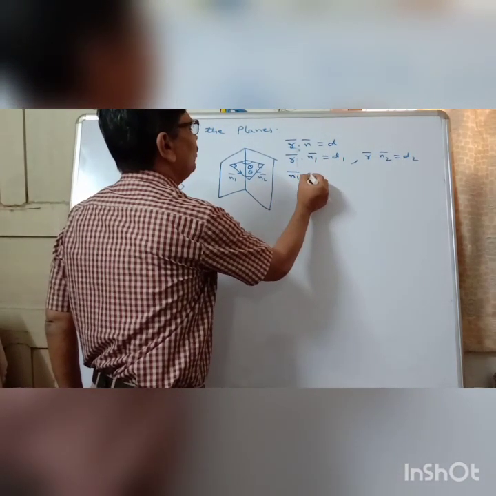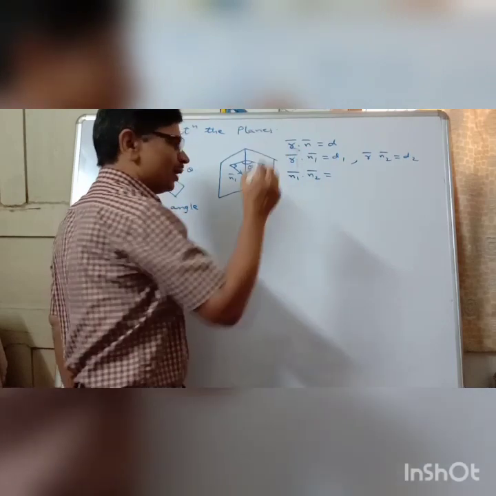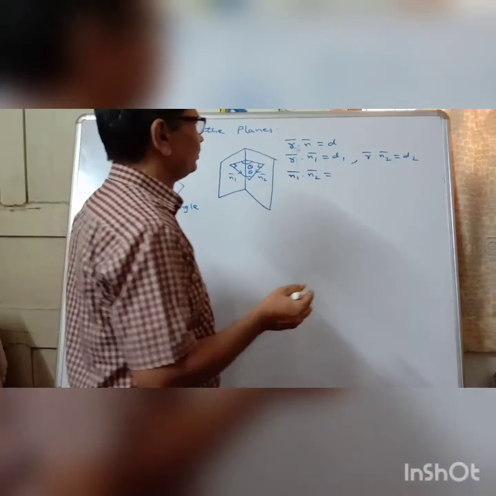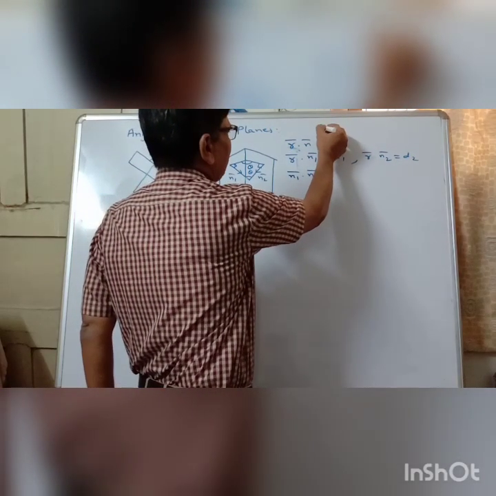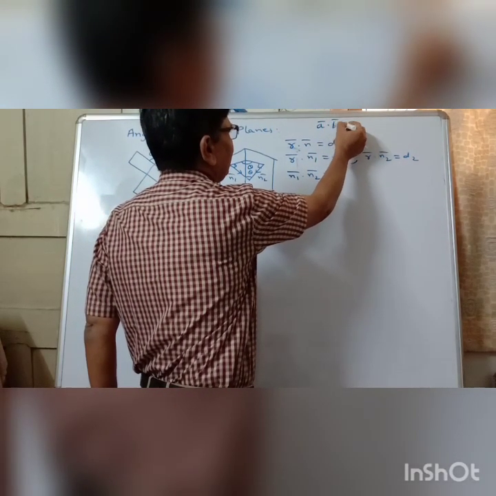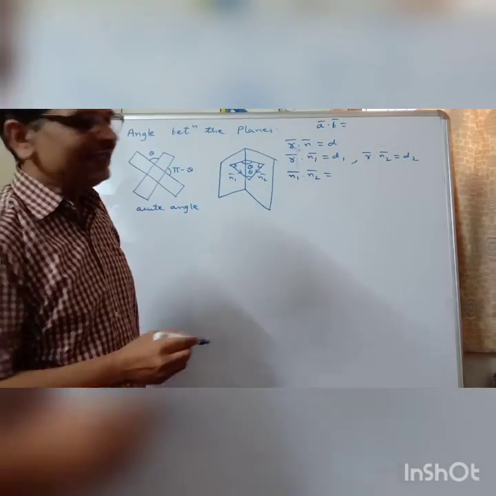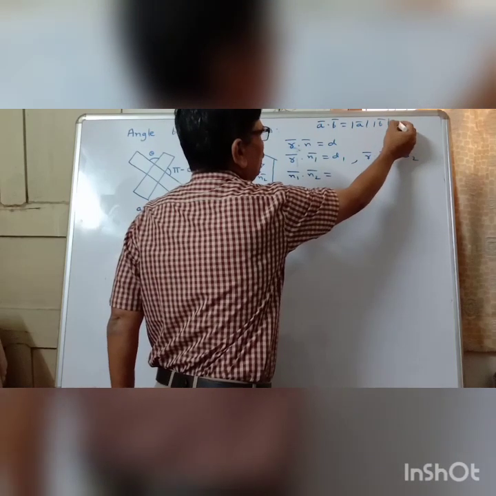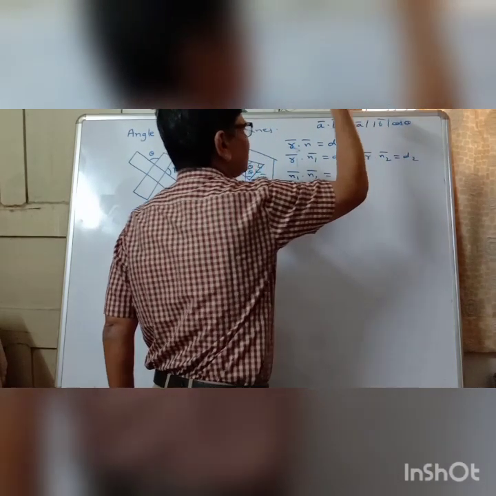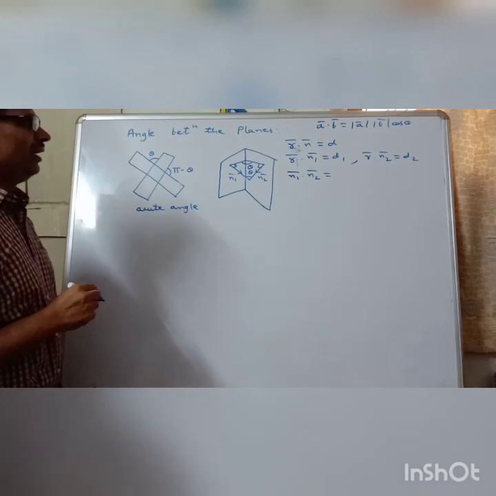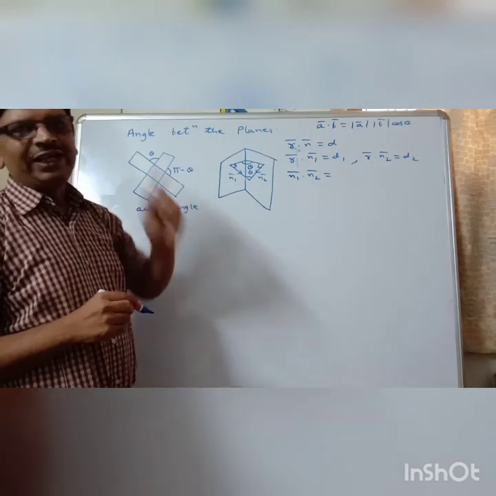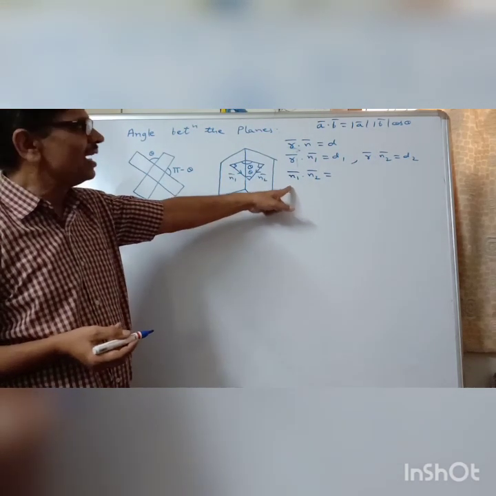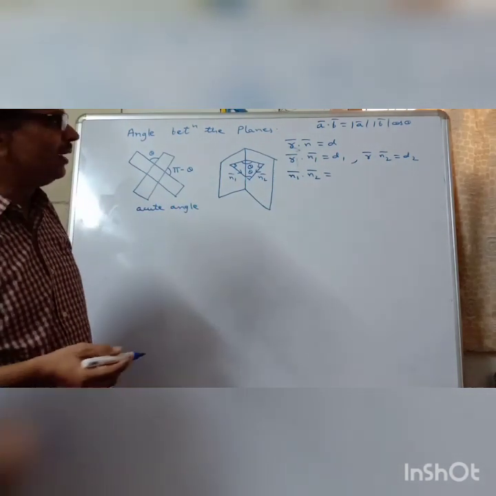then n1 bar dot n2 bar, the dot product of two vectors, is a scalar quantity. If a bar and b bar are two vectors, a bar dot b bar is given by magnitude of a bar into magnitude of b bar into cos theta, where the angle between a bar and b bar is theta. Here instead of a bar, n1 bar is there, instead of b bar, n2 bar is there.